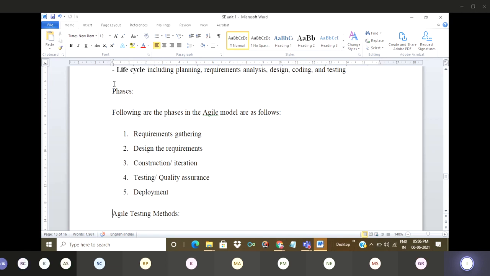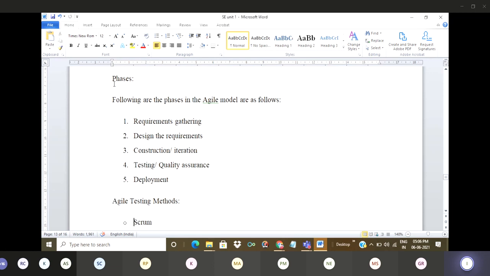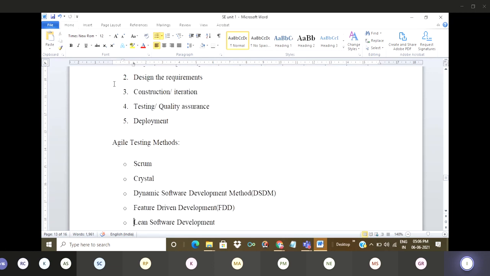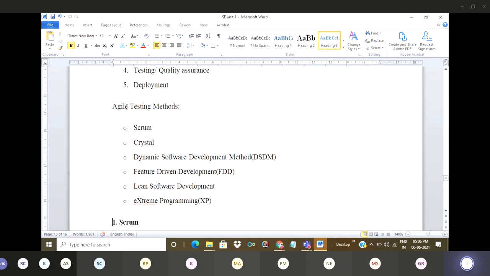These are the phases to include in the agile process. Agile methods include Scrum, Crystal, dynamic software development method, feature-driven development, lean software development, and extreme programming.